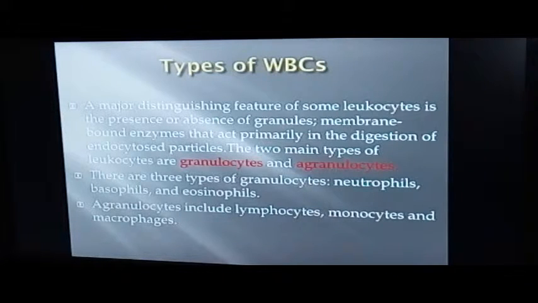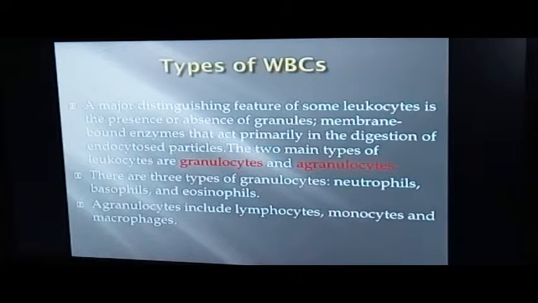Other white blood cells do not have these granules on their membrane, so they're called agranulocytes. As you remember, in medical terminology, if the A is in front of the word, it means no, none, not. So no granulocytes.